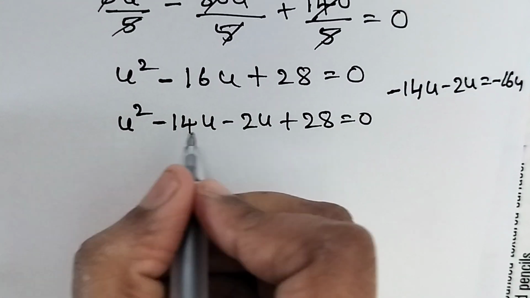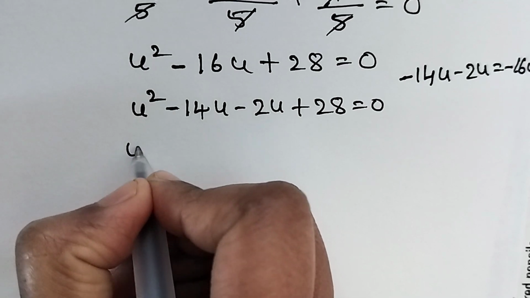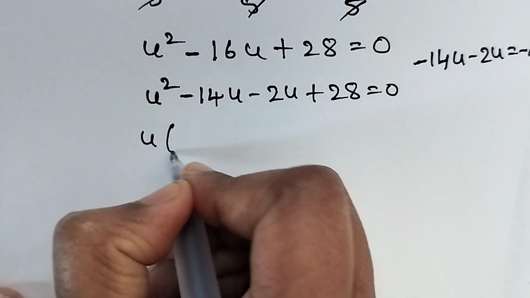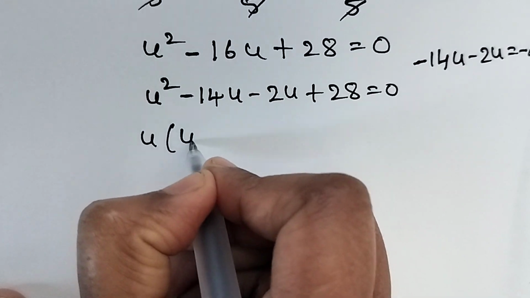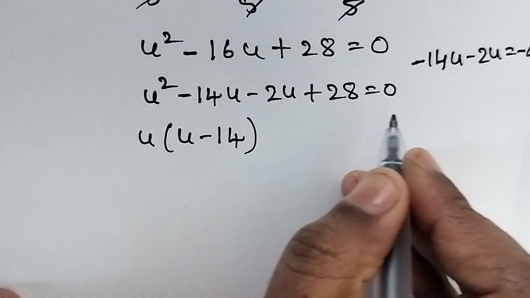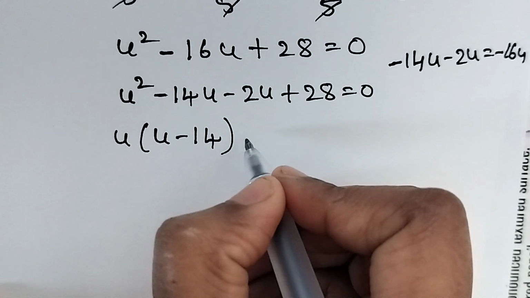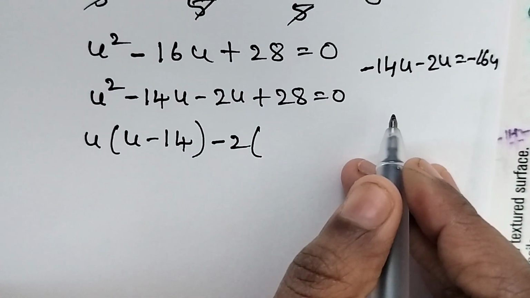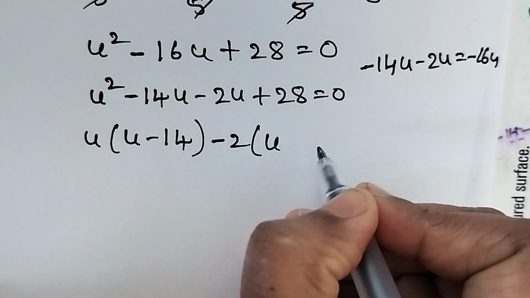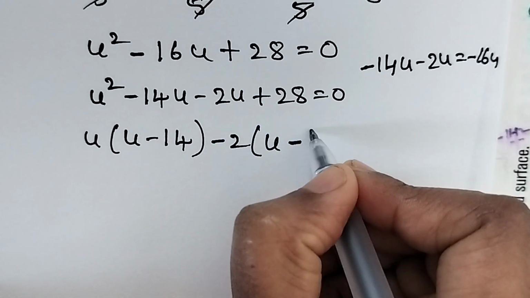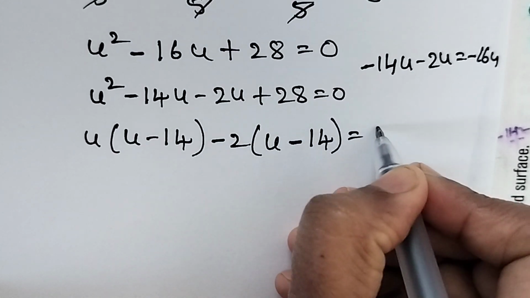So now in these two terms we have a common factor, that is u. So now here we'll get u minus 14, and in these two terms we have a common factor, that is minus 2. So u minus 14, where 2 times 14 is equal to 28, is equal to 0.